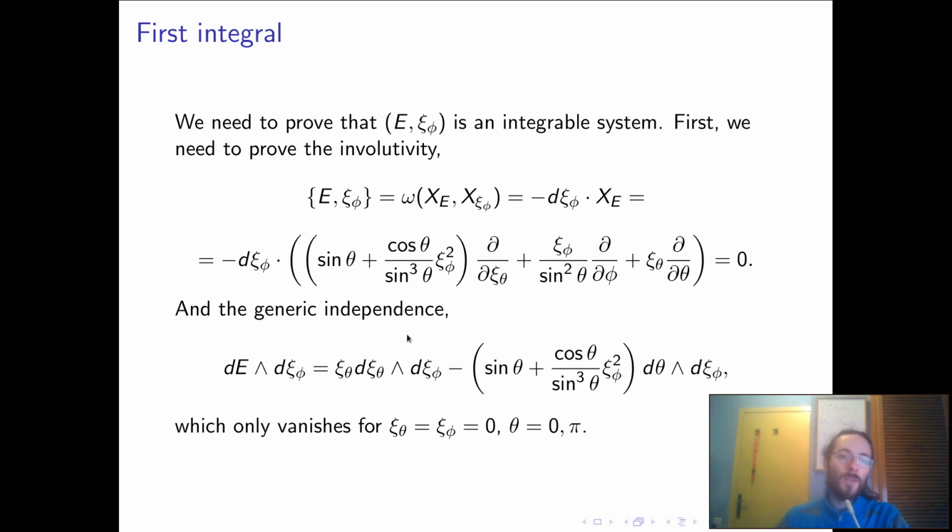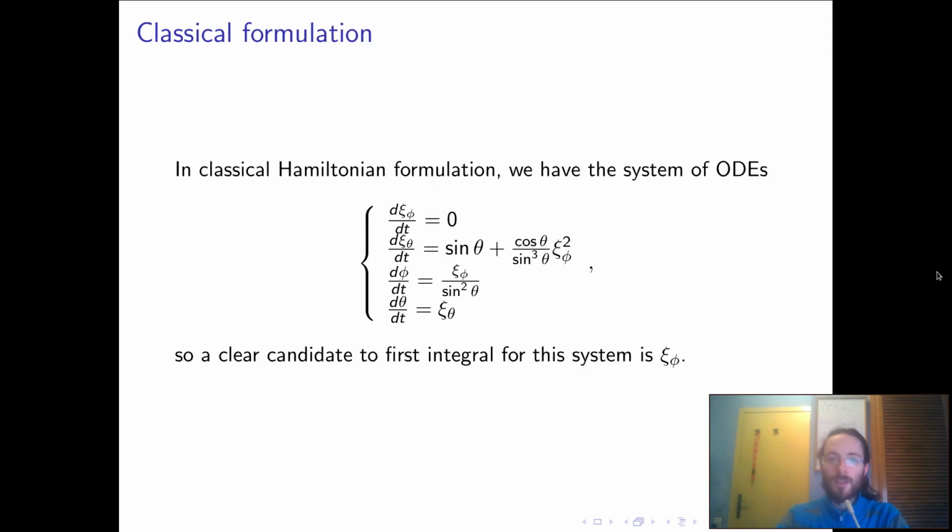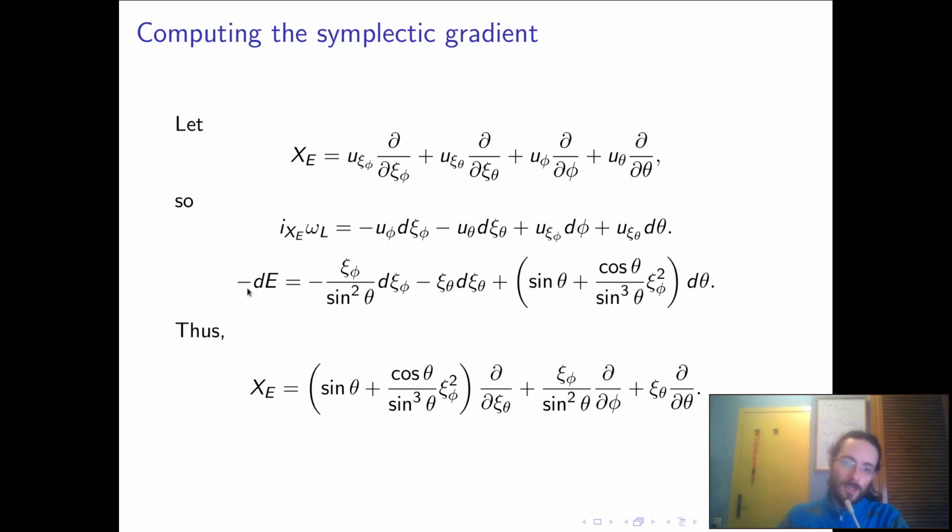And on the other hand, we need to check that these two functions are generically independent. So we need to compute the differential of the energy, but we already did this here. Of course, the sign is the opposite, but we just take the opposite of this, and that's it. And we need to compute the wedge product with respect to the differential of chi sub phi.